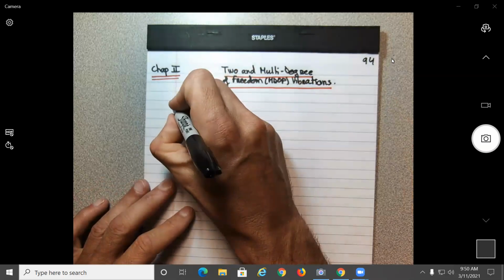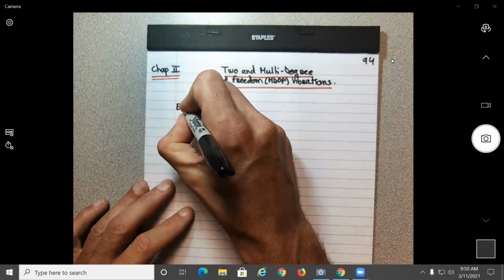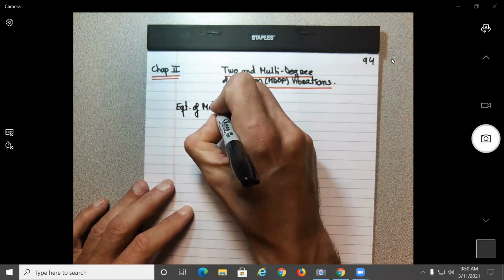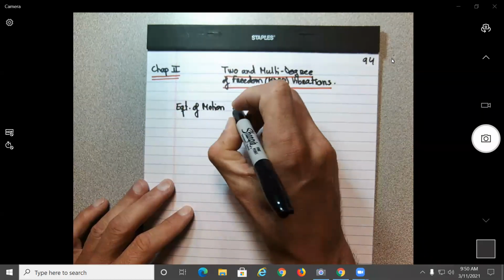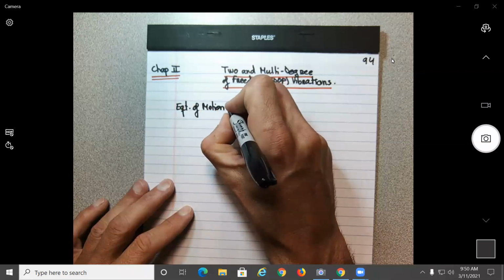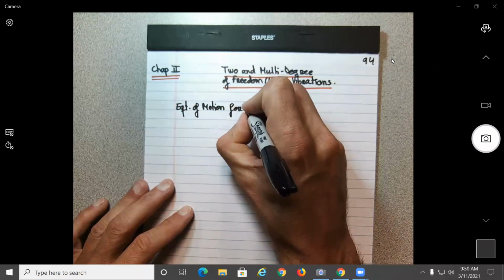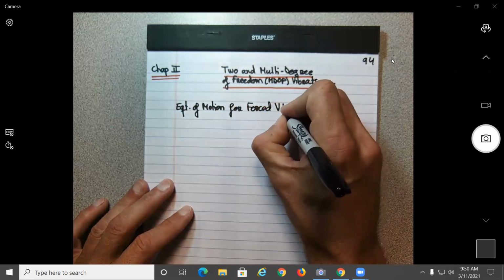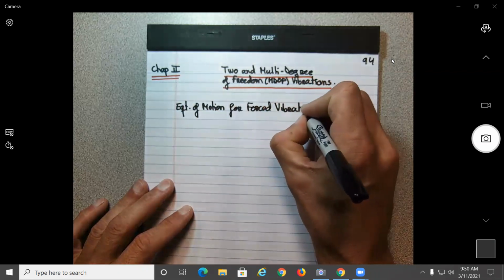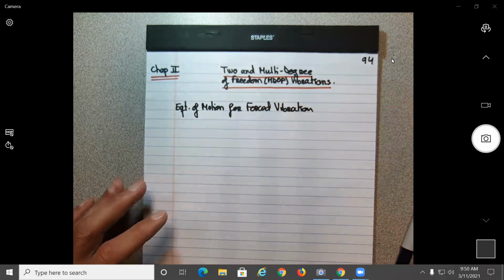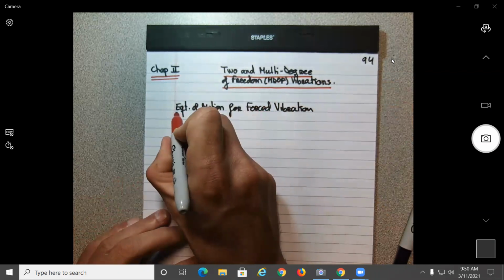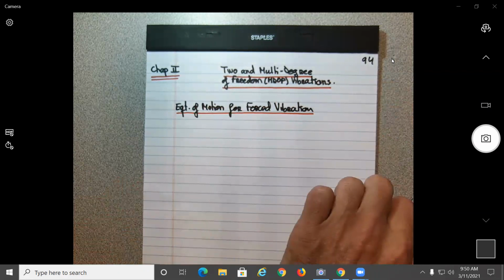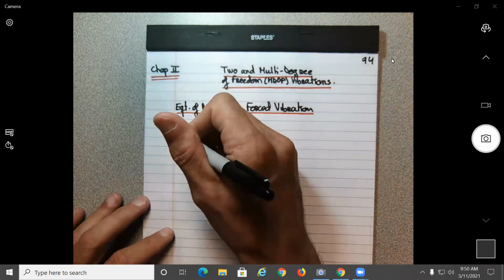So the first thing would be equation of motions. So read this equation of motion for forced vibration. Okay, so we're going to do the figure that you cannot see on the screen.